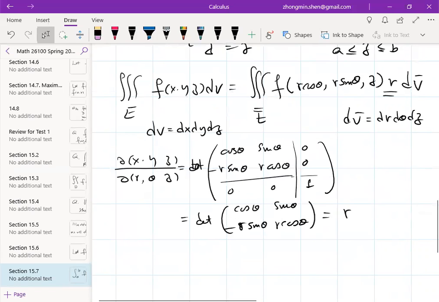Understand that this is a kind of substitution anyway. It's a substitution, but more complicated because you also have to take care of the domain, a region in 3-dimensional space. You have to not only simplify the function, you have to simplify the region. In the 1-dimension case, the region is just an interval.